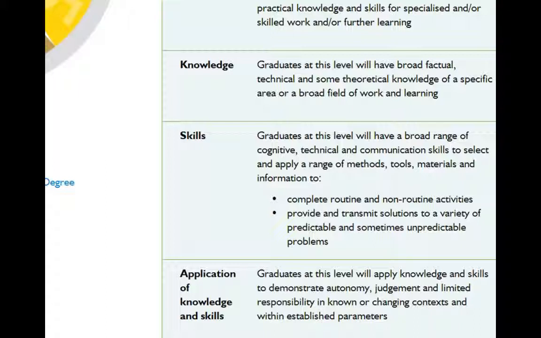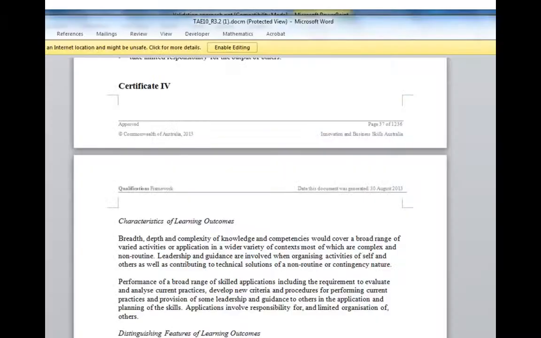It has the range from Certificate 1 all the way through. So these are the specifications of if you're having a level of rigour in your assessment activities, it would have to meet this Certificate 4 level.